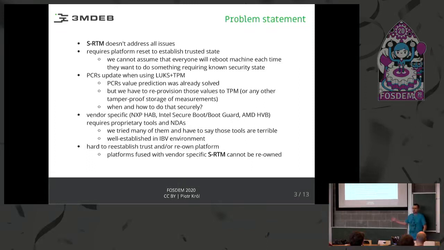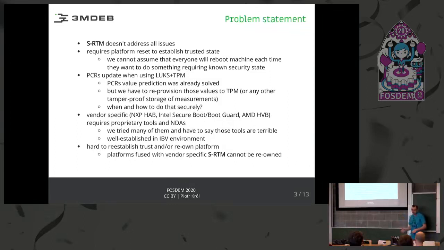So when the platform has been running for quite a time, we cannot say what the state of trust for this platform really is, and to re-establish it, we should just reboot. Of course, this is not possible in various situations. We cannot expect from users that they will reboot the laptop every time they want to do something sensitive. We cannot expect that Amazon servers will reboot to establish trust. So that's why we need dynamic root of trust.